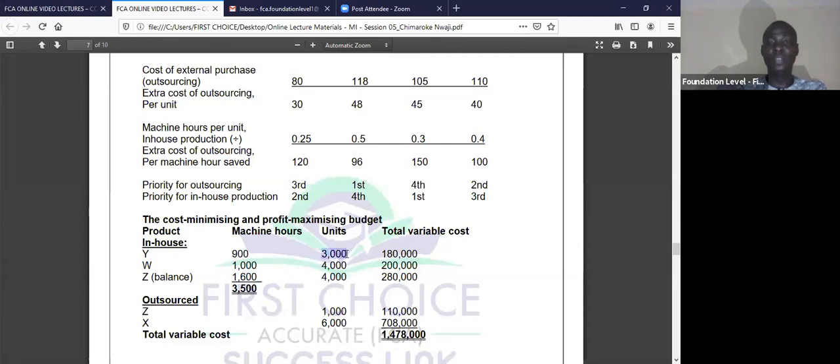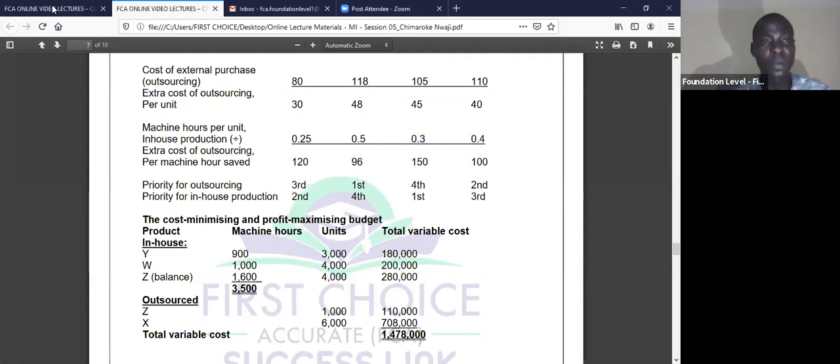So this 3,000 units, how many machine hours will it require? If Y requires 0.3 hours for 1 unit, so let's do it, 0.3 multiplied by 3,000 units. That's 900, as stated here in this solution.